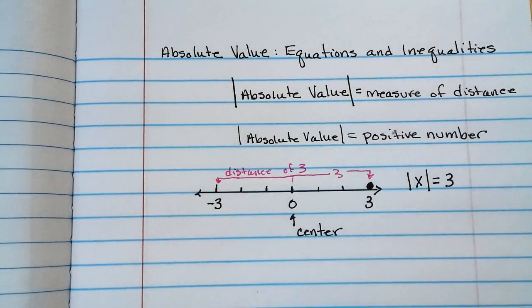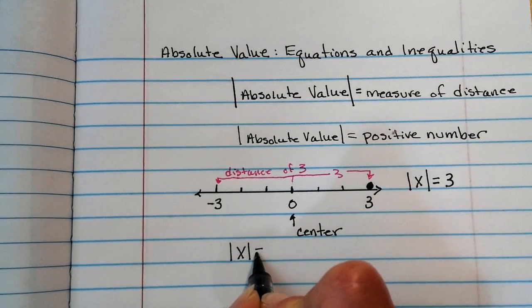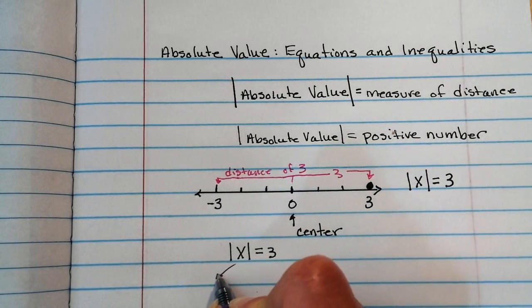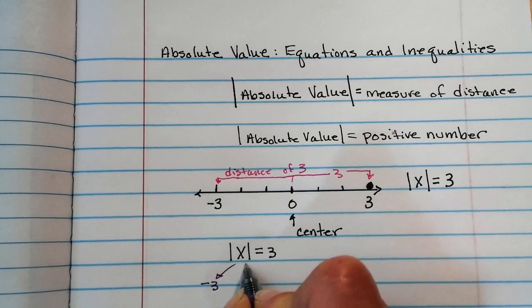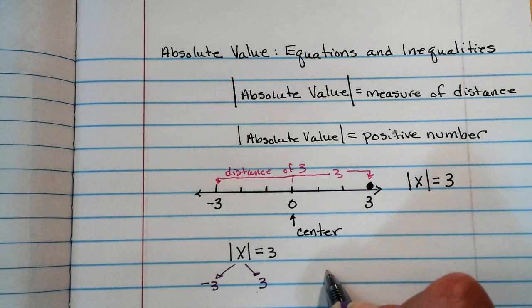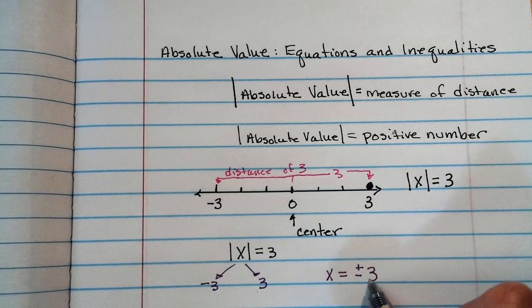Either way. Okay? So that is why when I have the absolute value of x equals 3, my value of x can be either negative 3 or 3. So that means x can equal plus or minus 3.